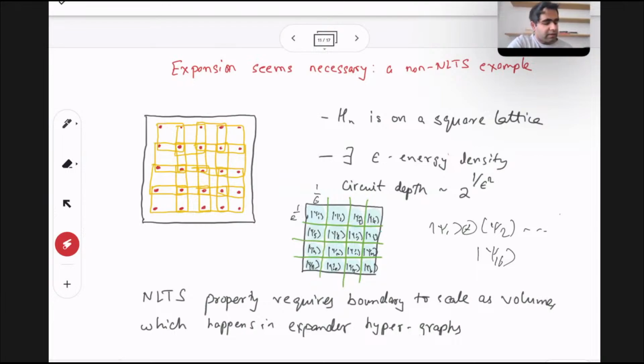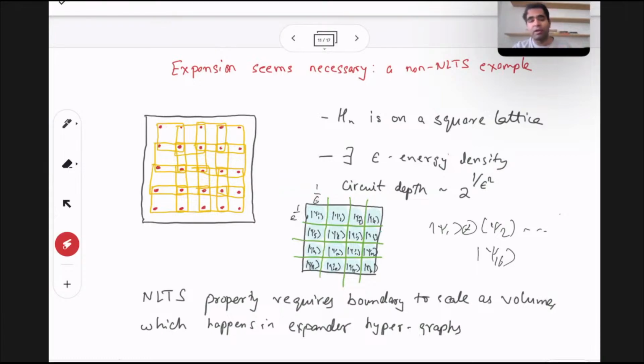So whenever you have a situation where the boundary, like this boundary of the square, scales slower than the volume, which always happens in a low dimensional lattice, you cannot have this NLTS property. So the NLTS property requires expansion, which means that the boundary should scale proportional to the volume.